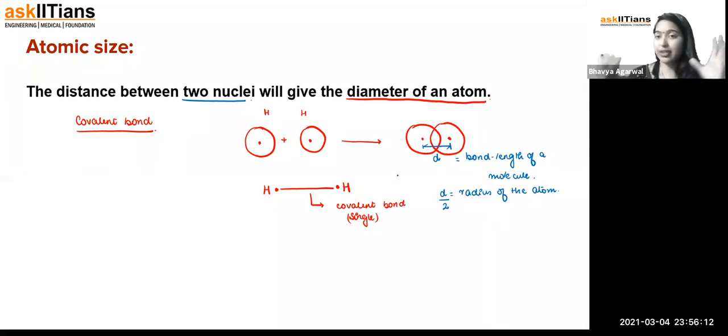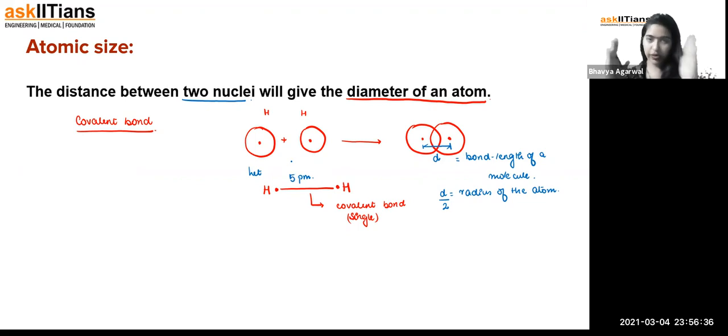Suppose when the two hydrogens combine, the distance was 5 picometers. Picometer is just a unit, 10 to the power minus 12 meters. So what will be the radius?